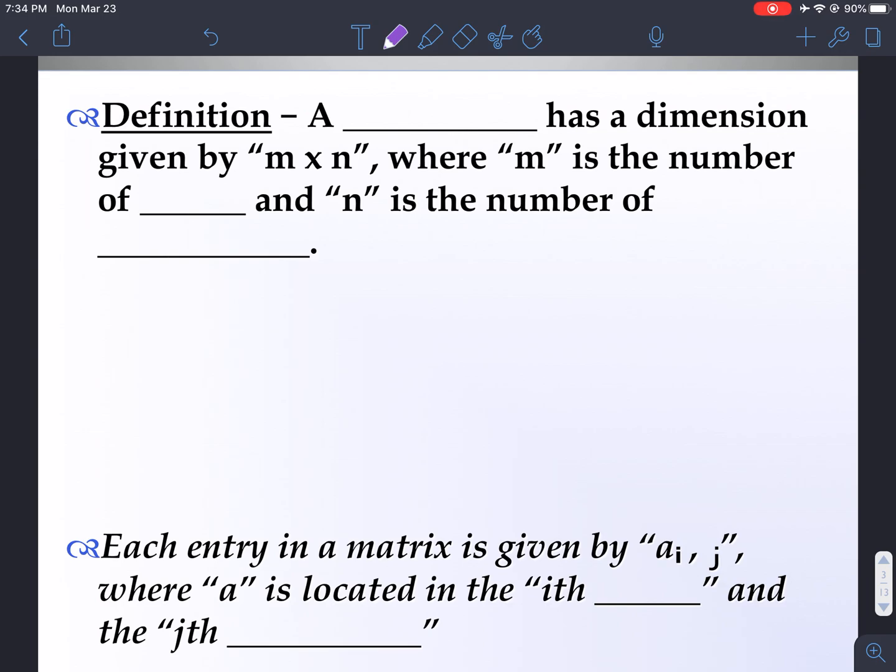So a matrix has a dimension given by m by n. It's like saying 3 feet by 4 feet, or 10 inches by 12 inches, where m is the number of rows, n is the number of columns.